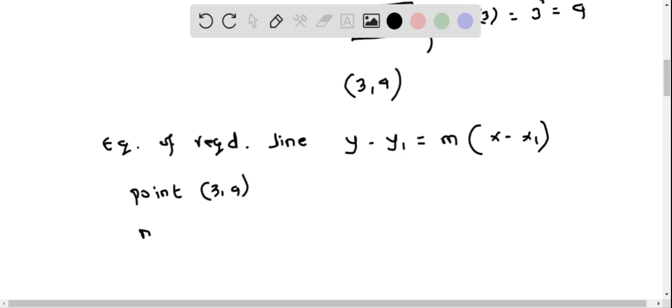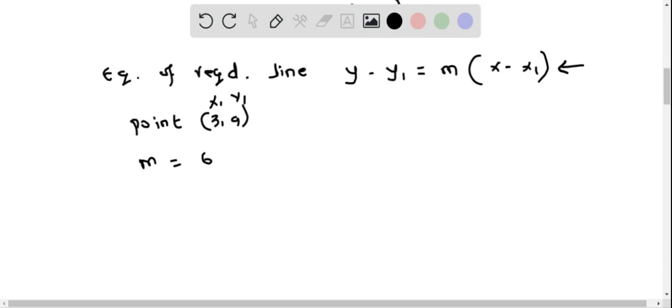So slope m equals 6. So we will plug in x1 equals 3 and y1 equals 9 into this equation to determine the equation of the line. And so therefore we get y minus y1, which is 9, equals slope m equal to 6 times x minus x1, which is 3.